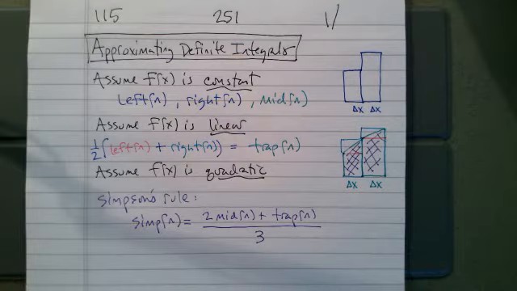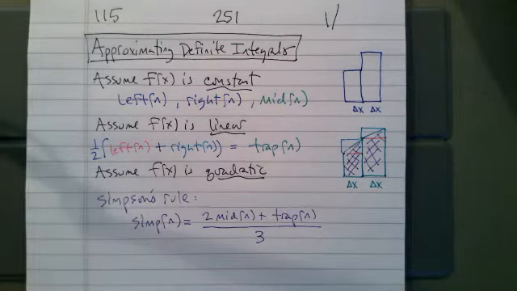So the midpoint rule and the trapezoidal rule, in general, one will be an overestimate and the other will be an underestimate. Where left and right decide what side they're on, based on whether the function is increasing or decreasing, the midpoint rule and the trapezoidal rule decide what side of the actual value they're on, based on the concavity of the function.